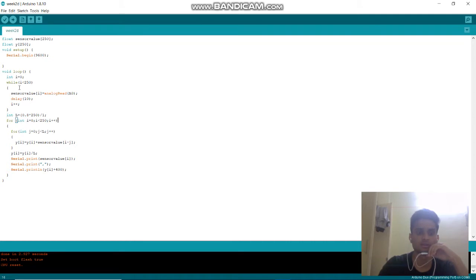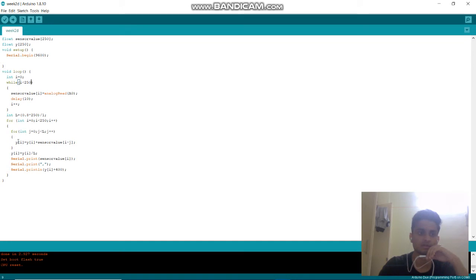Here again we took the input from the sensor, and then we set the length of the moving average filter at 0.8 times 250. 250 is the sample size. This is how many samples of the input signal that we have. So the length of our moving average filter will depend on our sample size.